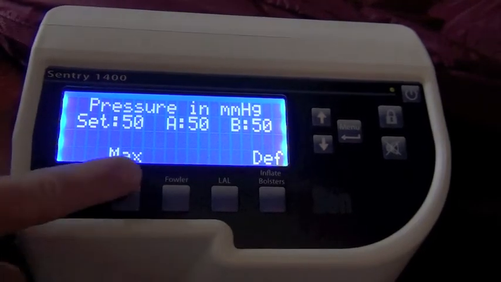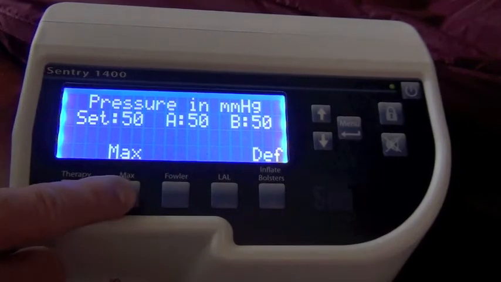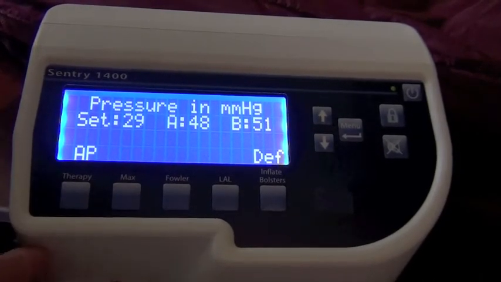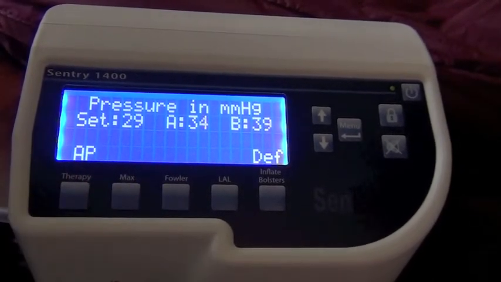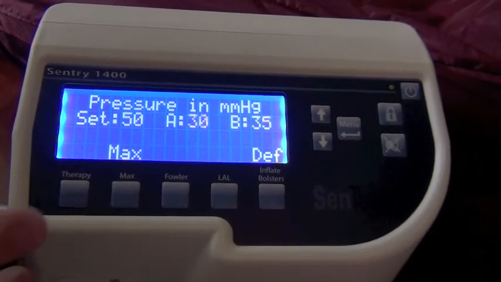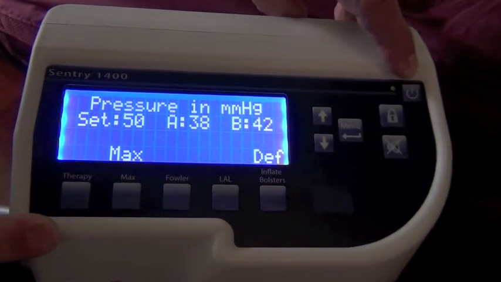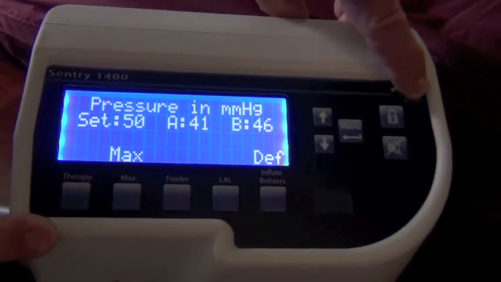And Max will stay in this mode for 30 minutes, and at 30 minutes it has a fail-safe mechanism that kicks it out, and then we resume the pressure that is underlying. If you need Max beyond 30 minutes, what you can do is power the unit off up here. This is the power button here that turns the unit on and off.